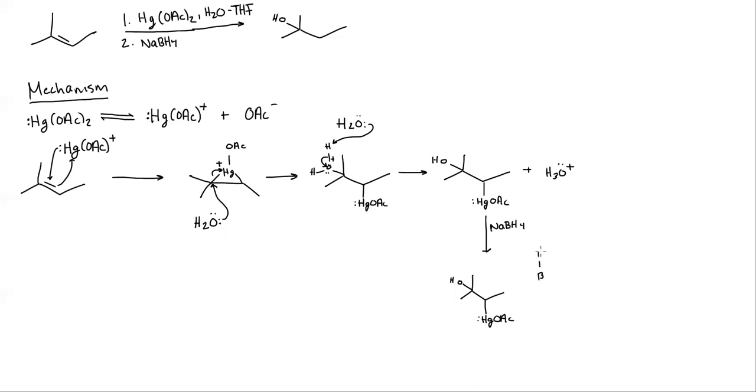So it's a boron with 4 hydrogens. The boron has a minus charge. Then I have my sodium here. So sodium and boron with the 4 hydrogens sitting there. And one of these hydrogens is going to attack this carbon that has the mercury on it, and the mercury acetate leaves. And then I'm done.